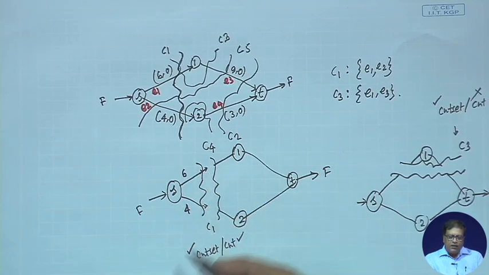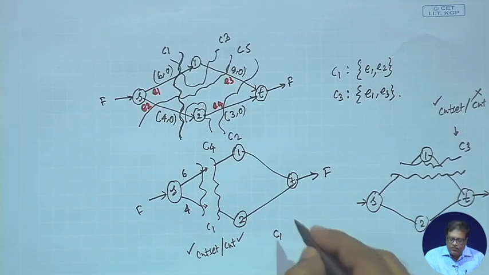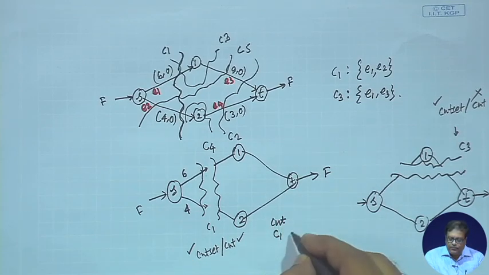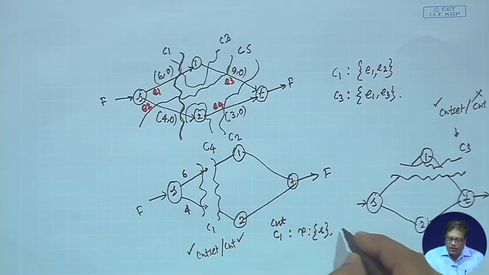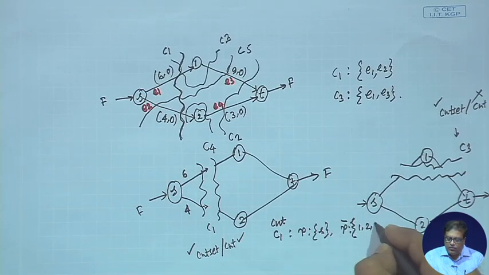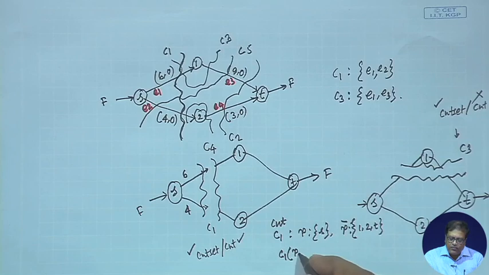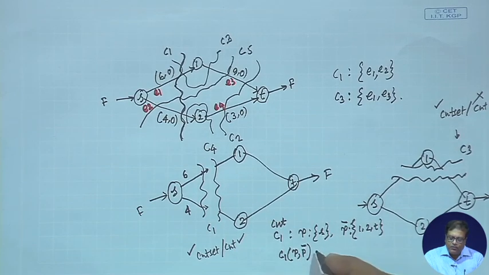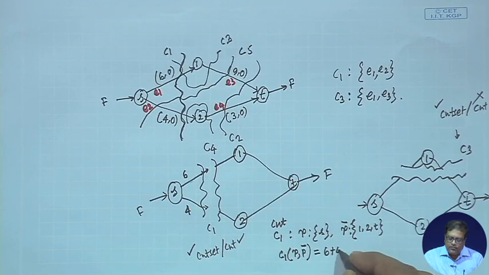So, what is the capacity of the cut C1? P is S and P bar is the rest, that is 1, 2, T. So, what is the capacity of the cut? C1 (P, P bar) will be 6 plus 4, that is 10.